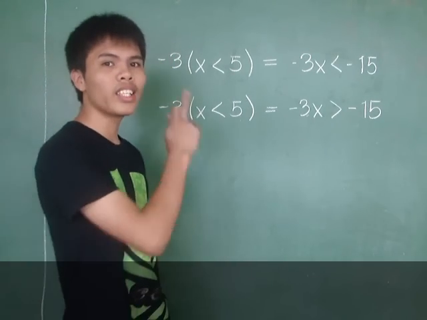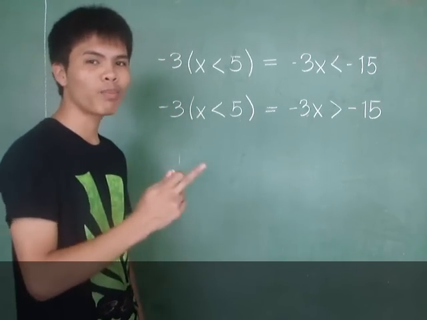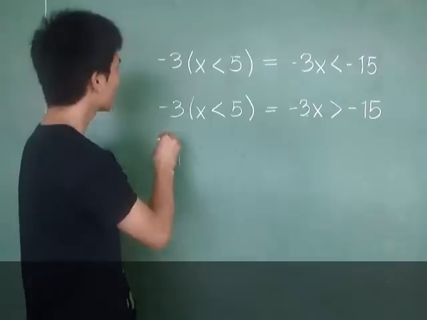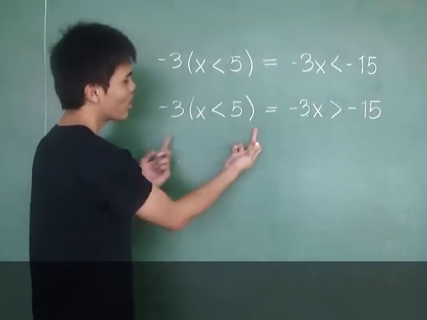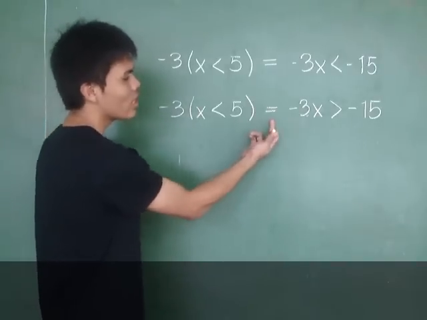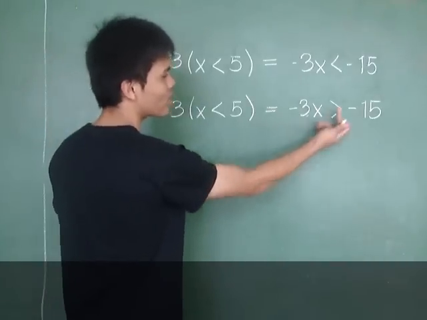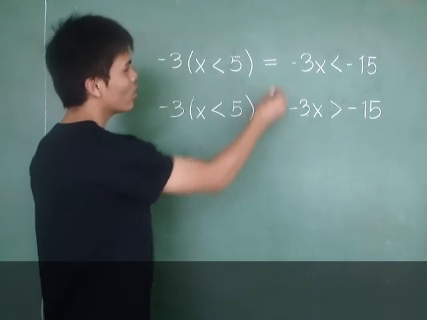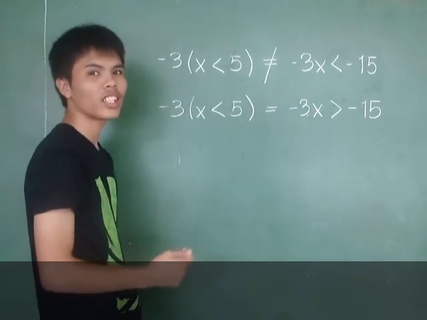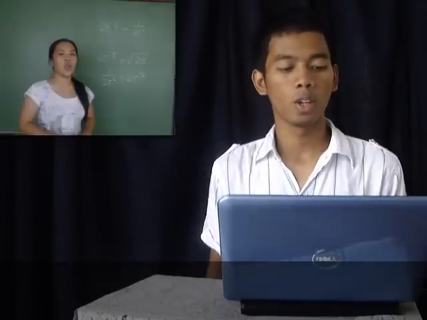But multiplying a negative to an inequality flips the inequality. So negative 3 times the quantity of x less than 5 is equal to negative 3x greater than negative 15. So this is not equal to that.